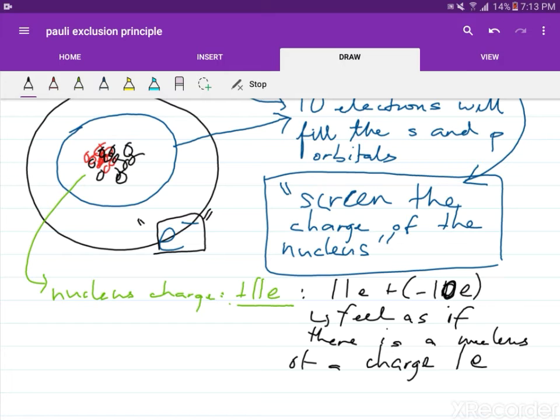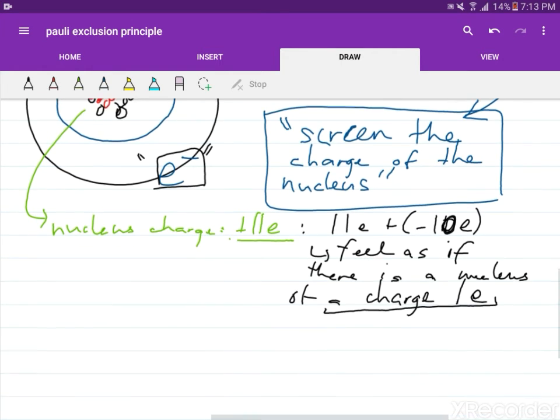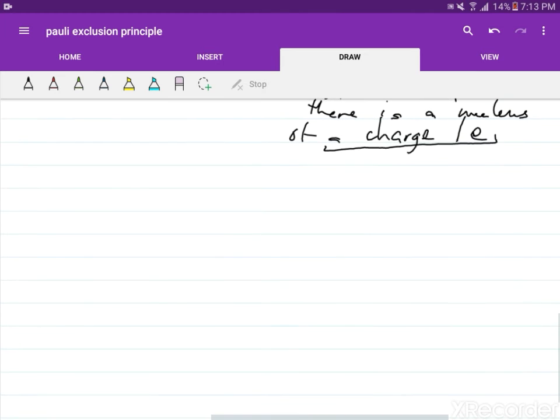Now, if you have a periodic table with you, look at it.